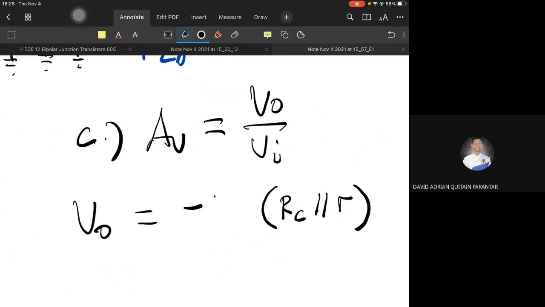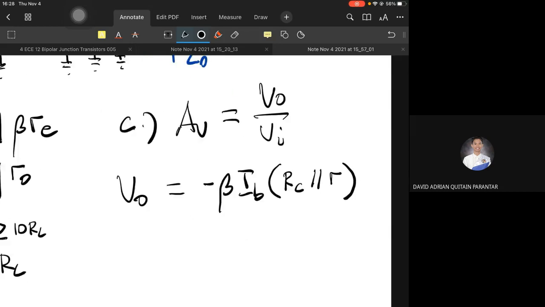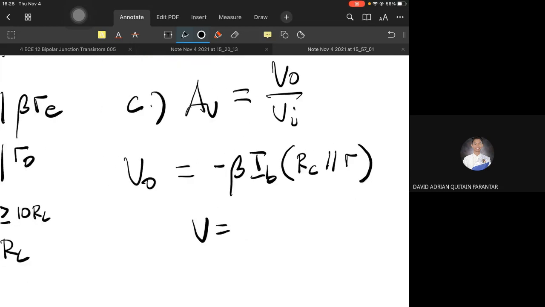IO is equal to negative beta IB. Going back to V equals IR, the expression for R is RC parallel RO, and the expression for I is negative beta IB.